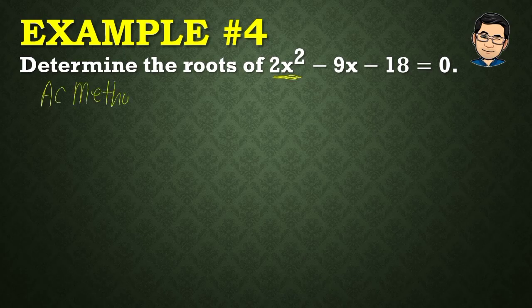So, ang AC method, ang gagawin lang natin dito is i-multiply natin yung numerical coefficient ng A and then yung constant term. So, yung negative 18. So, 2 times negative 18 is negative 36. And then, ano yung mga factors ng negative 36 na magbibigay ng sum na negative 9?